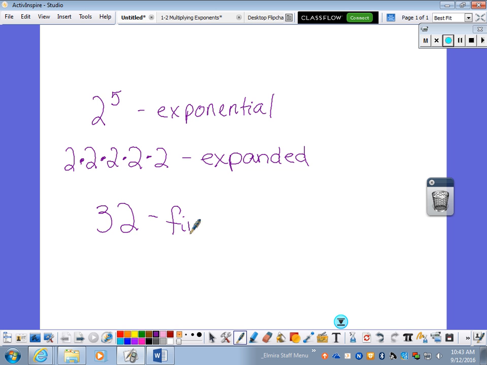This is like your final answer, or your evaluated answer. Okay, so today we're focusing on this, our exponential, but we might have a few answers that are in final answer form for your homework, and I will definitely clear that up and explain when you're going to use which during the video.